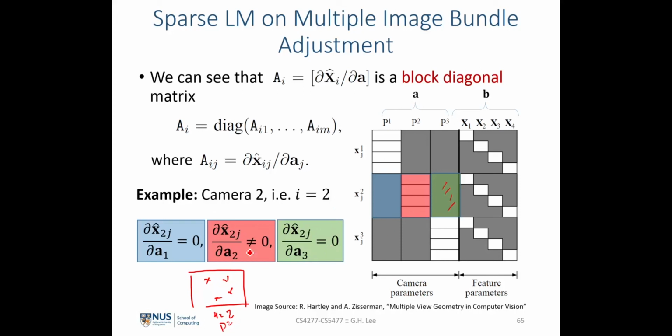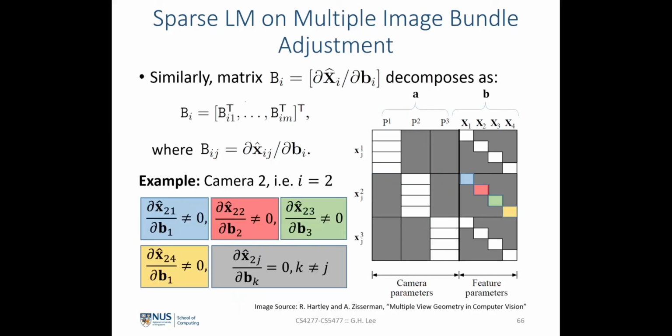The only case where it won't be equal to 0 is when I partially differentiate this reprojection with respect to the camera matrix P2, or A2 as I denote it. This is because this is the camera projection matrix that affects this particular image, and in turn it will affect the reprojection onto this image.